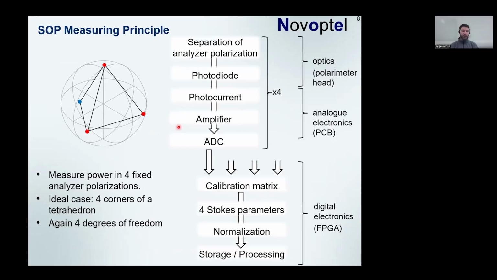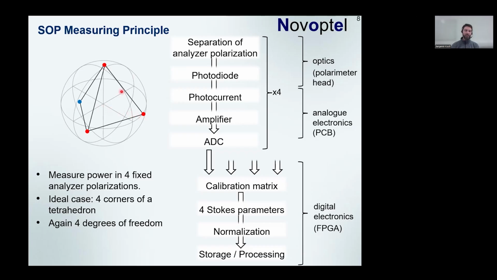So now that we know how the polarization is represented, we can think about how we can measure it. In principle, we must only measure that direction in the Poincaré sphere in which the power is transmitted. And this can be measured by just measuring at 4 different Stokes vectors. We call this the analyzer polarizations.